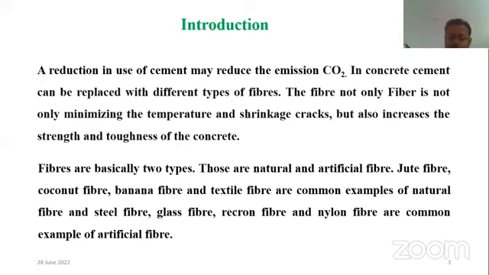In natural fiber, we have jute fiber, coconut fiber, banana fiber, textile fiber, which are commonly used in construction and also in laboratories in different educational institutions. And there are so many artificial fibers available, that is glass fiber, polyester fiber, steel fiber, nylon fiber. Okay.